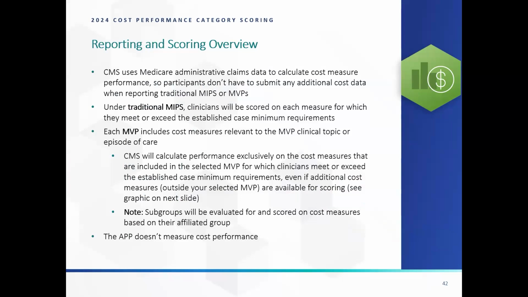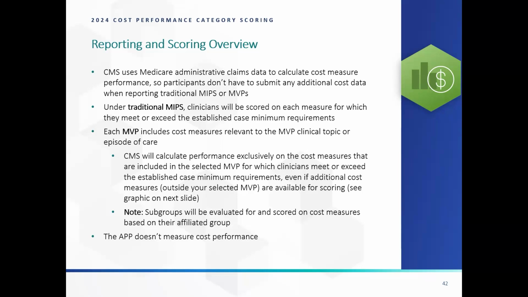Under traditional MIPS, clinicians are scored on each measure for which they meet or exceed the established case minimum requirements. And for MVPs, each MVP includes cost measures relevant to the MVP's clinical topic or episode of care.